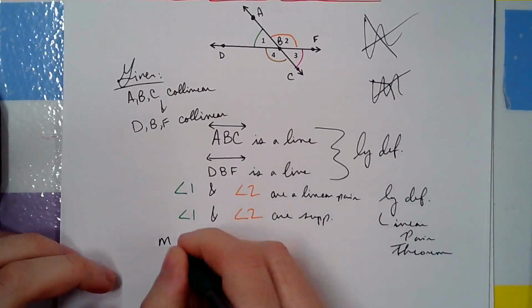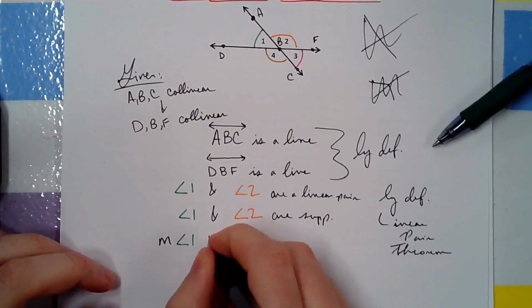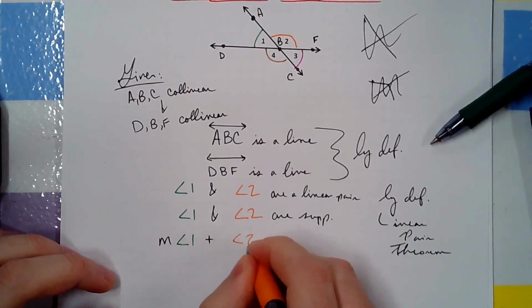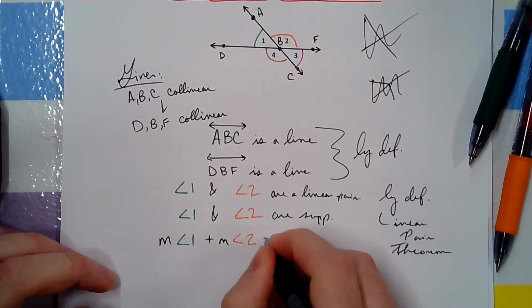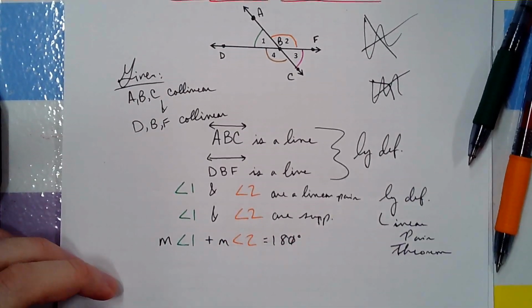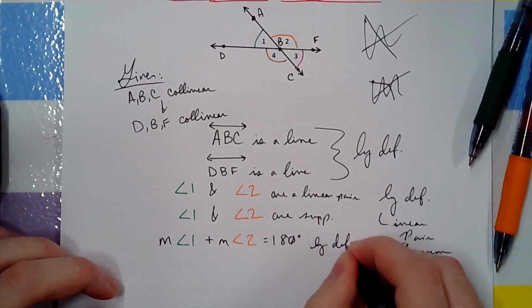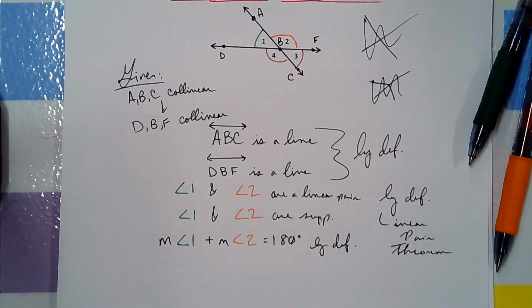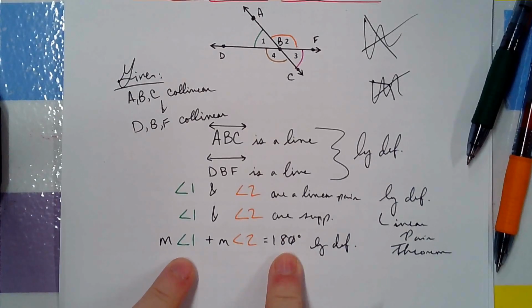Yeah, the thing you really want: the measure of angle 1 plus the measure of angle 2 is going to get us 180. And that's by the definition of supplementary. Cool. Now, we know 1 and 2 add up to 180.